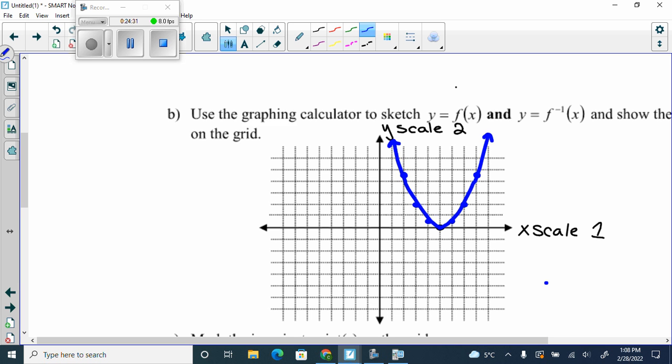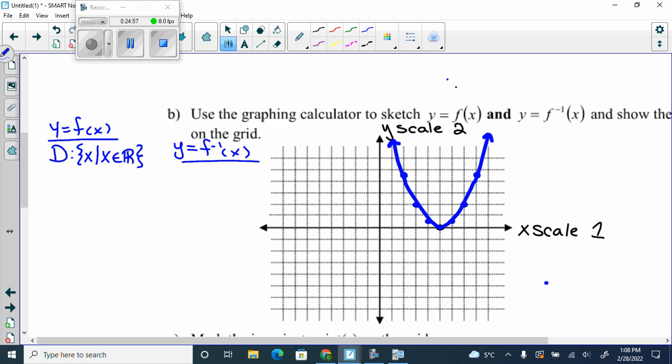What's the domain of it? Anyone know? Yep. So my domain, this is going to be of the original, y equals f of x. My domain is going to be x such that x is an element of the reals. Beside here, we're going to do the inverse after.